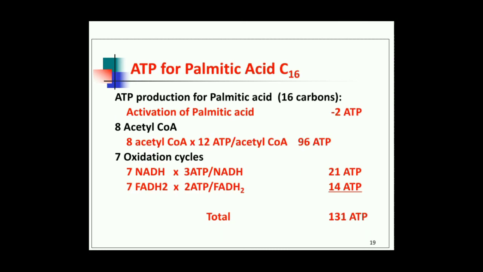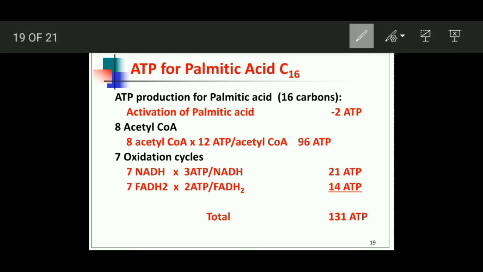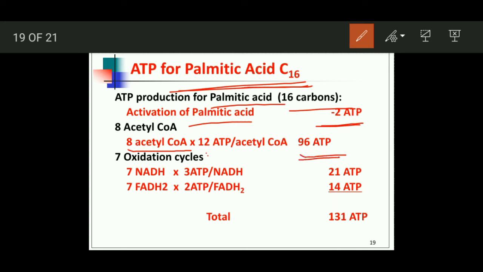Now, ATP for palmitic acid, or C16. You can calculate it by that process. ATP production for palmitic acid, 16 carbon: activation of palmitic acid needs 2 ATPs, as we have already discussed, and 8 acetyl coenzyme A are produced at the end of the process. These 8 acetyl coenzyme A produce 96 ATP, because one acetyl coenzyme A produces 12 ATP in the Krebs cycle.